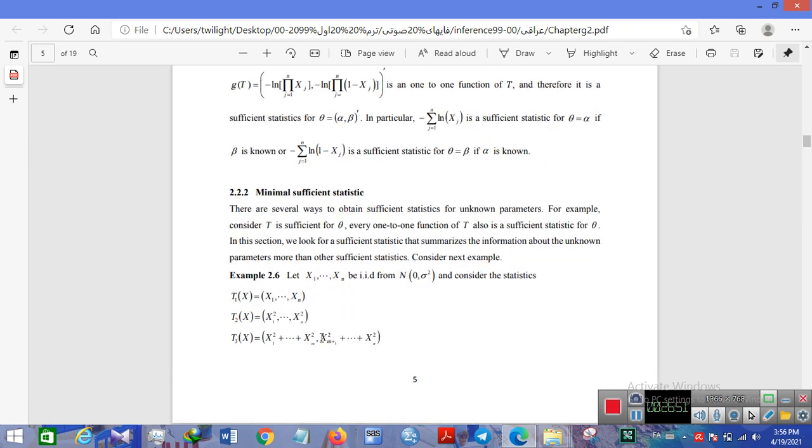Before giving the definition of minimal sufficient statistics, look at this example.